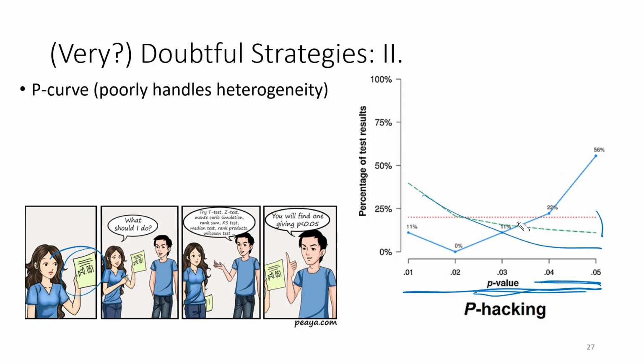That would suggest a pattern of p-hacking. Now, the problem with it is it doesn't handle heterogeneity. In fact, we could say that about the file drawer analysis too. Again, you've got more than one effect size going on in a distribution. Why are you using these statistics? Right? Maybe it makes sense in cases where it's a very narrow literature of studies that are very, very similar to each other.